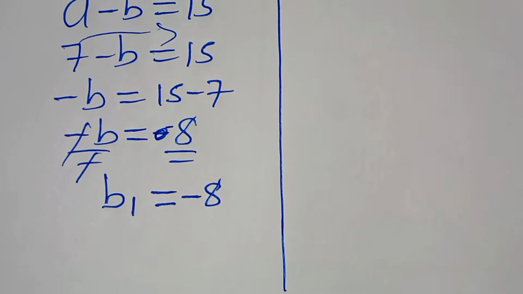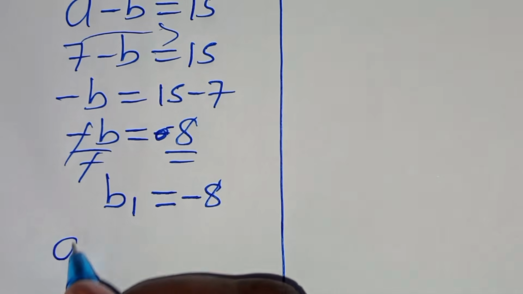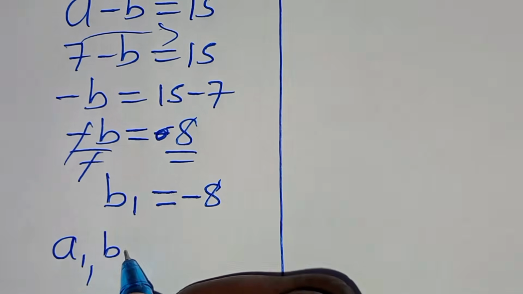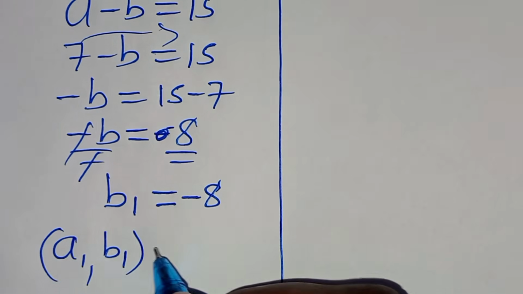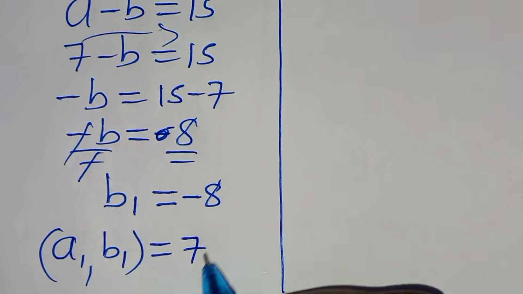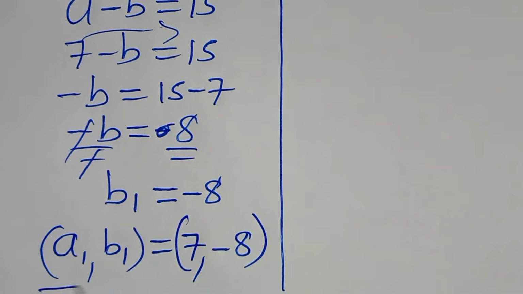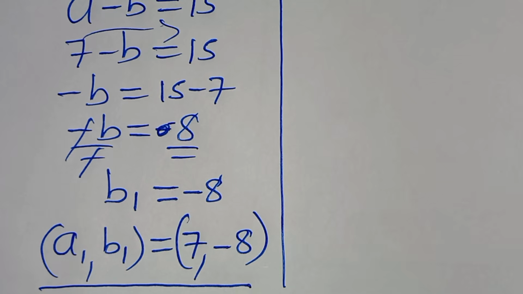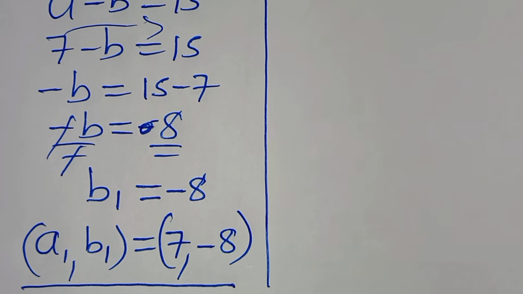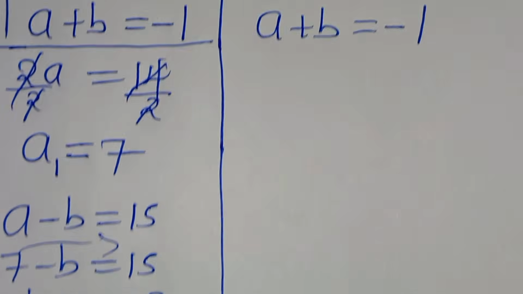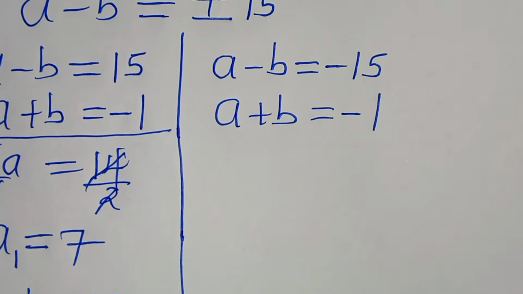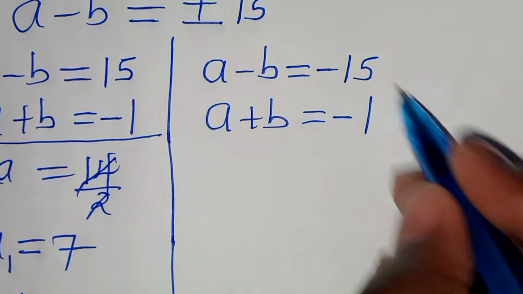So we have the first set of solution here, A1, B1, equal to 7, minus 8. This is the first set of solution that we have. Now, let's proceed to the second case. Again, we have two systems of linear equations.